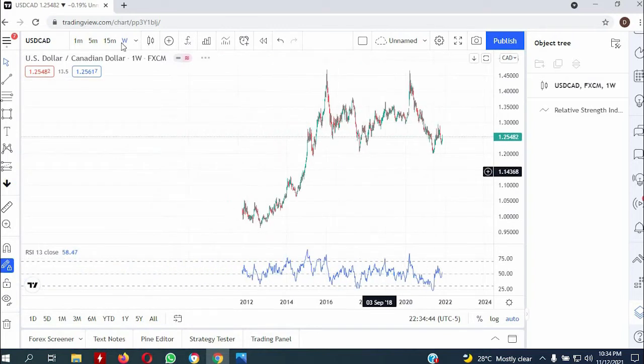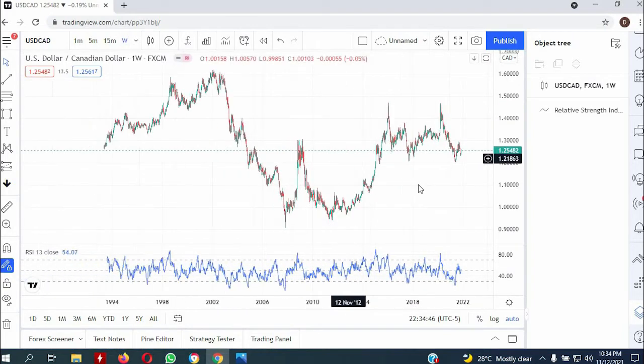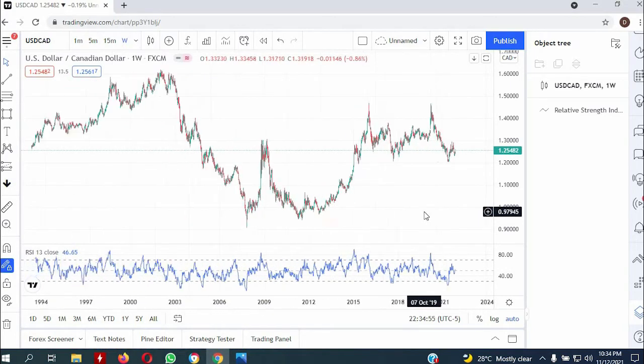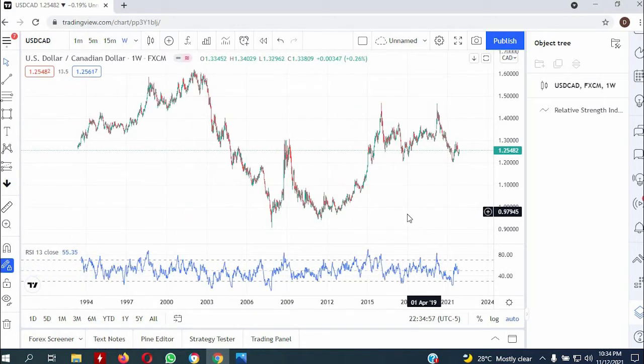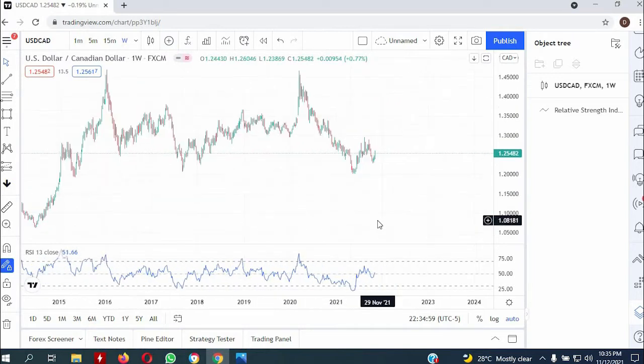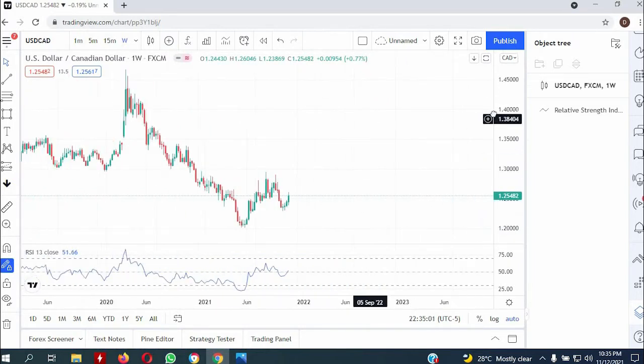For the US dollar Canadian, I'm on the weekly chart. I'm just going to get my bearings and see what's going on.